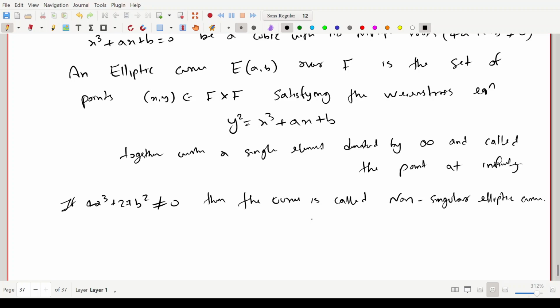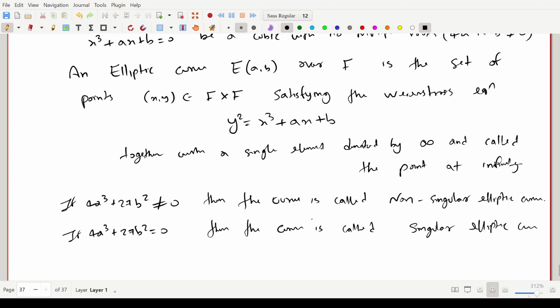So in this case, the equation x cube plus ax plus b has 3 distinct roots, and if it is 0, then it is called a singular elliptic curve. If 4a cube plus 27b square is 0, then the curve is called a singular elliptic curve. Okay.